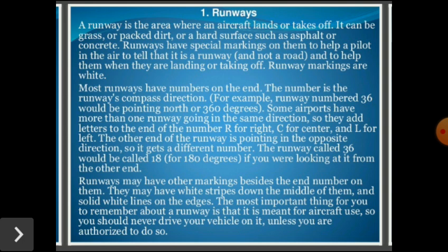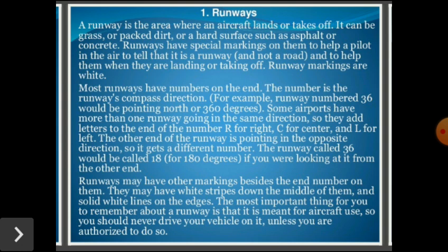Some airports have more than one runway going in the same direction, so they add letters to the end of the number: R for right, C for center, and L for left. The other end of the runway is pointing in the opposite direction, so it gets a different number. The runway called 36 would be called 18, for 180 degrees, if you were looking at it from the other end.